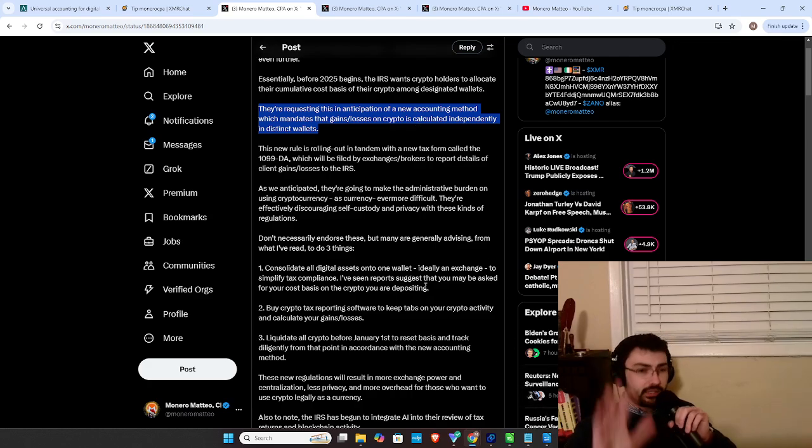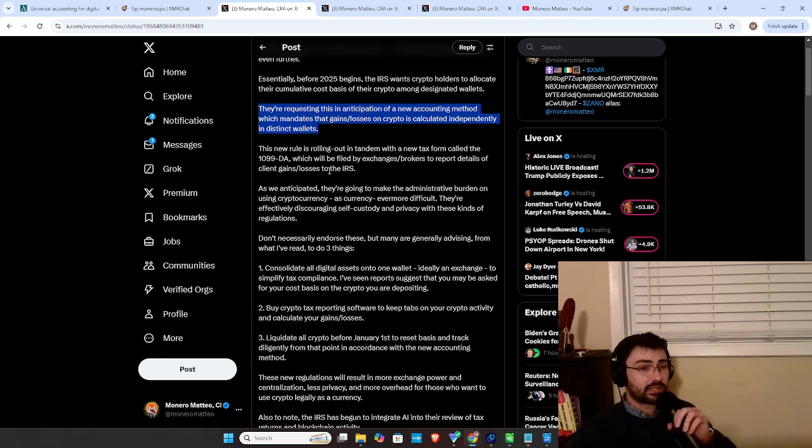I'll get the paint out here in a sec just to kind of demonstrate visually. But it was assumed that you had sort of a giant pool of crypto that functioned as one wallet, and your gains and losses would be calculated through the FIFO method, which is actually like an inventory method, but for crypto. So if you bought one Bitcoin in 2014, and then you bought one Bitcoin in 2017, let's say you sell a Bitcoin and a half in 2024, the cost basis would be that one Bitcoin in 2014 and then half of the Bitcoin that you bought in 2017.